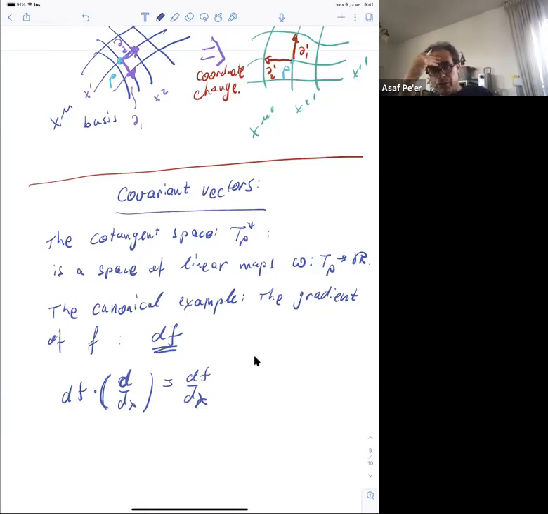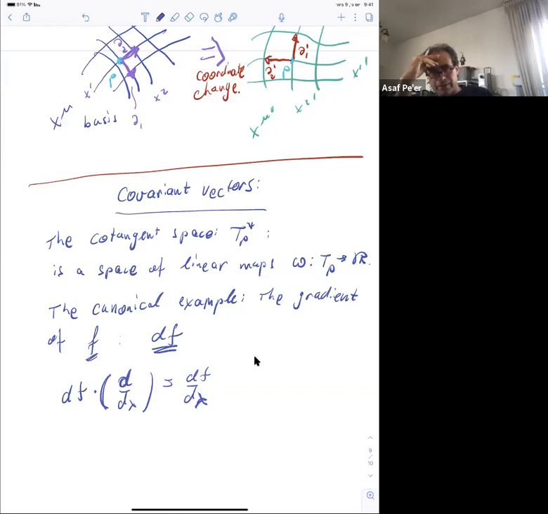So I see that I put a comment for myself, that the function f itself is not a one form. Again, the reason is that the one form has to be defined at a single point, and it doesn't care about what happens in other points on the manifold.